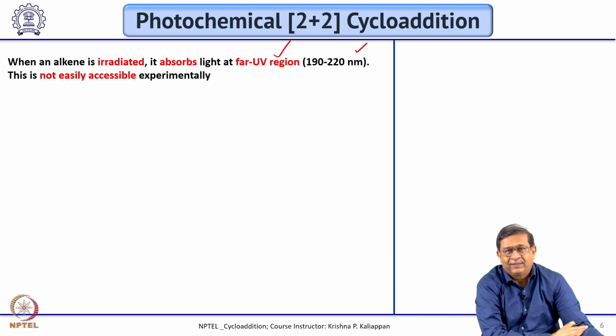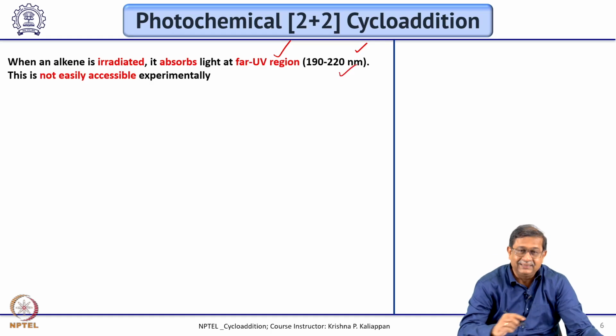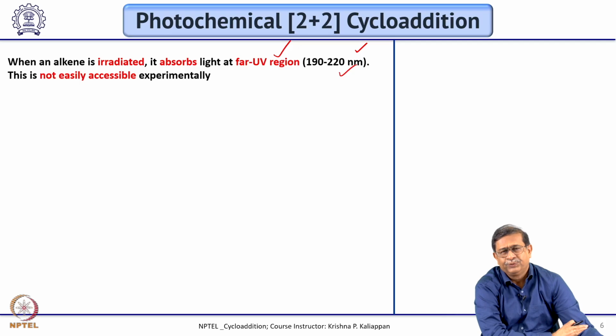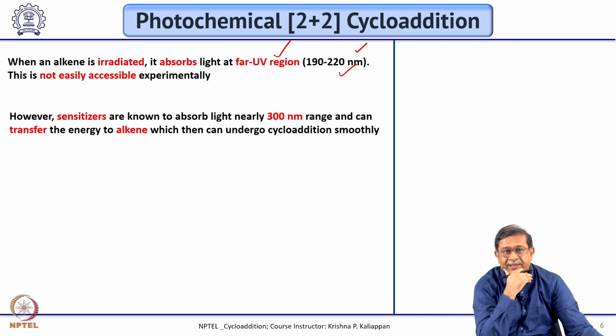And for a synthetic chemist, an experimental organic chemist, it is not that easy to carry out experiments in that region. So people circumvent this problem by using sensitizers. So what are these sensitizers?